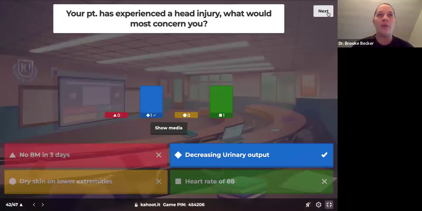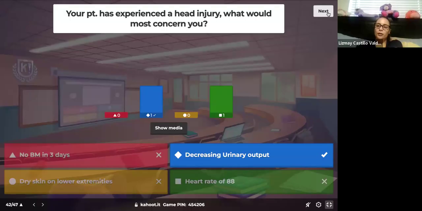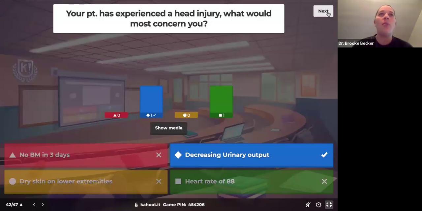Decrease urinary output would concern you the most, because if they're getting fluids and things, but they're not urinating, what's going to happen? They already have a head injury. Fluid overload. Yes, so their increased intracranial pressure is going to go up, correct? Good.